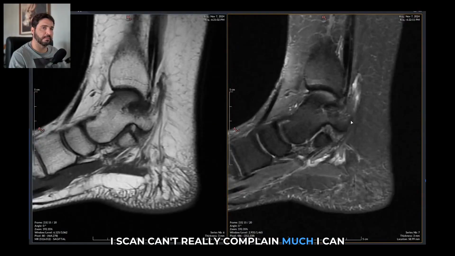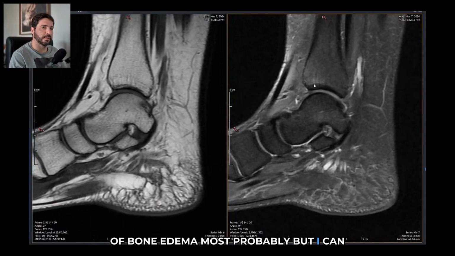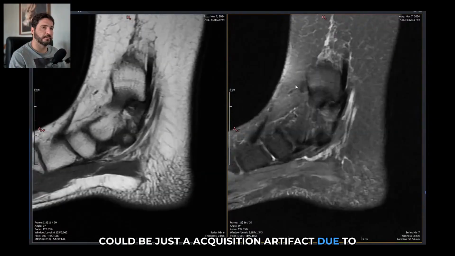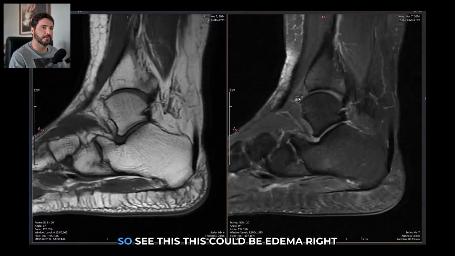Can't really complain much. I can see right here there is a small site of bone edema, most probably, but I can't really relate this to this image. So this could be just an acquisition artifact due to a badly done fat saturation pulse.